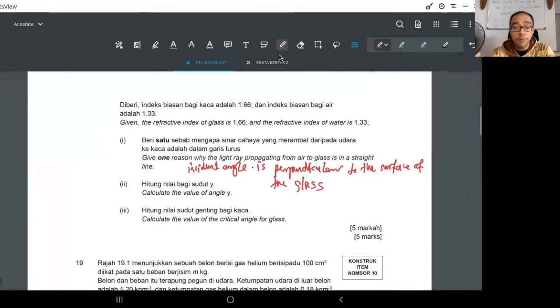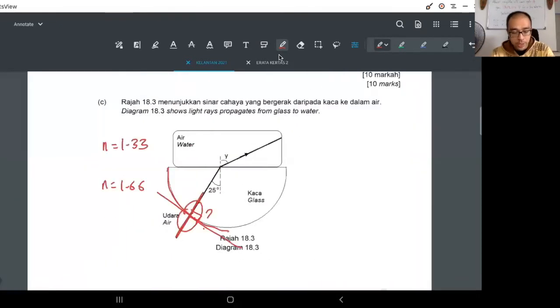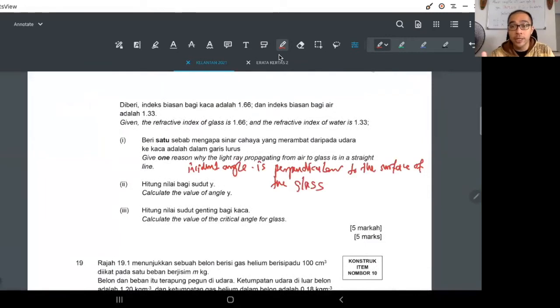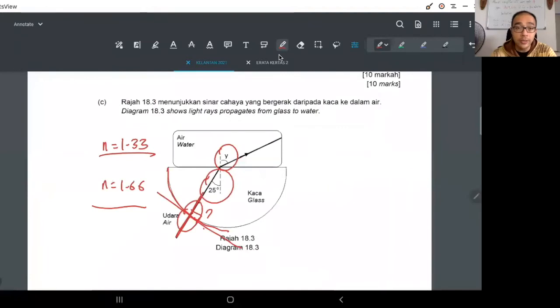Question B, 2, find the angle of Y. So you have this angle over here and this angle over here with two different distances. Now this is a very rare formula, but you use it when it involves two angles and two refractive indices, which is N1 sine theta 1 equals to N2 sine theta 2.